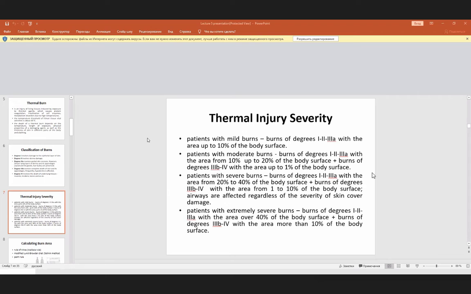And patients with extremely severe burns of degrees 1 to 3A, with an area over 40% of the body surface, plus burns of degrees 3B and 4, with an area more than 10% of the body surface.